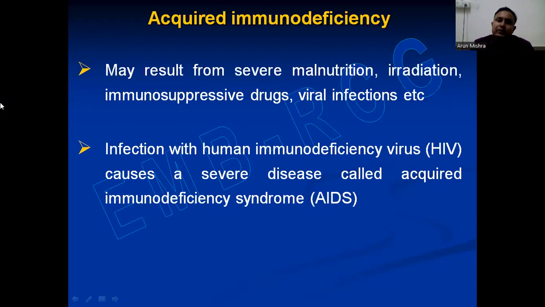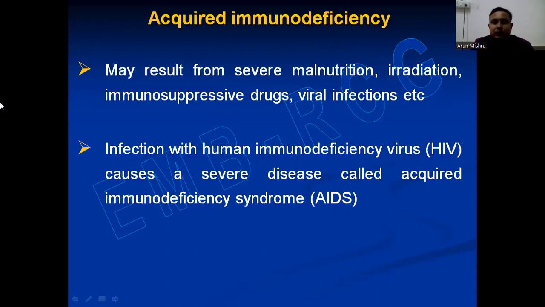Acquired immunodeficiencies may result from severe malnutrition, irradiation, immunosuppressive drugs, or viral infections.